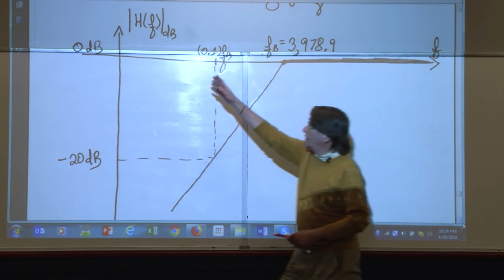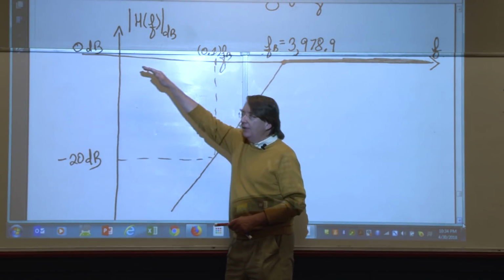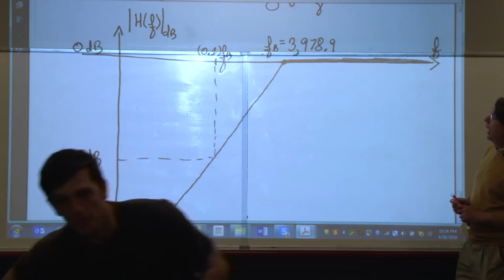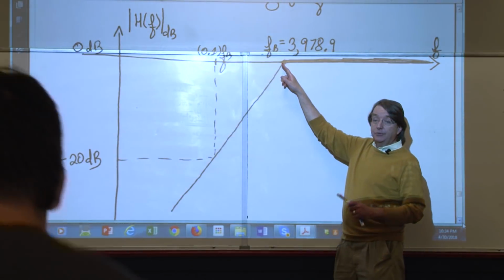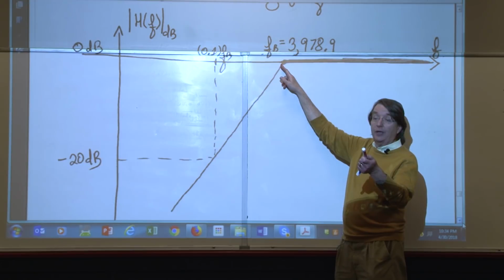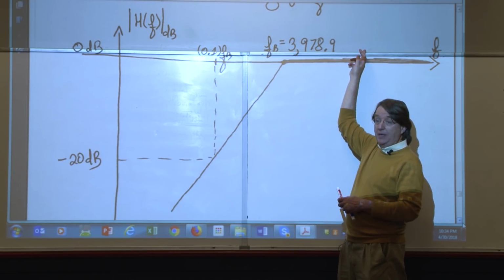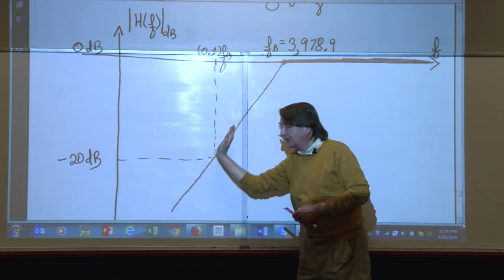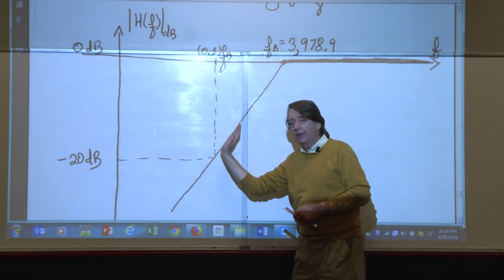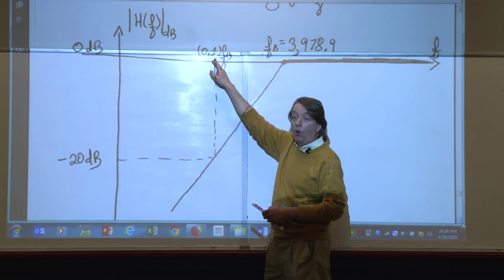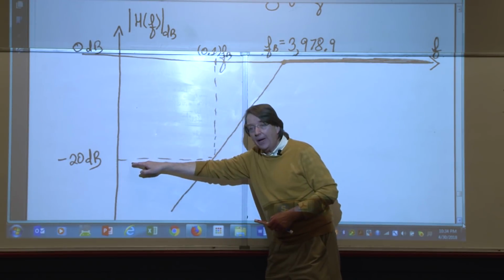Okay? Magnitude of H of f in dB. The x-axis is frequency. This is the break. Parker, since it's high pass, above the break I get out what I put in, which is 0 dB. Below the break, I slope at 20 dB per decade. So that means if I go to 1/10 the value of f_B, 0.1 f_B, minus 20.